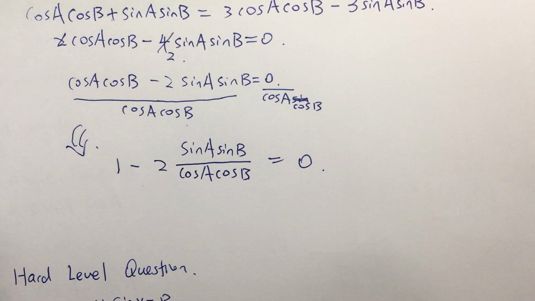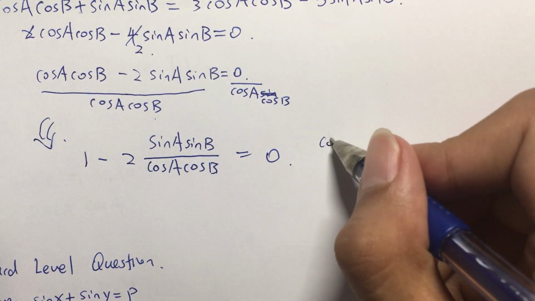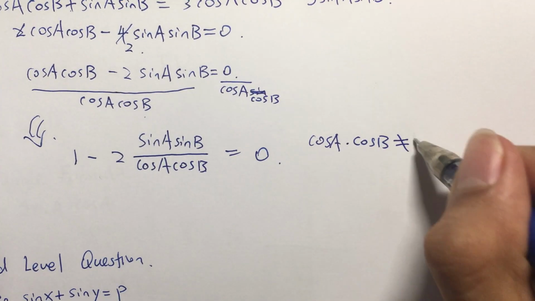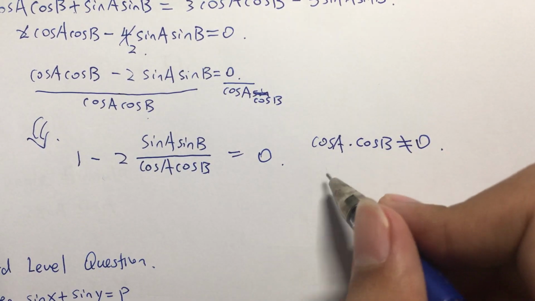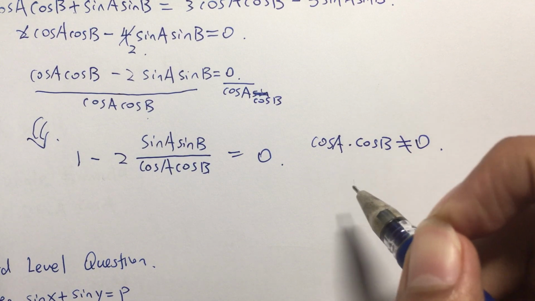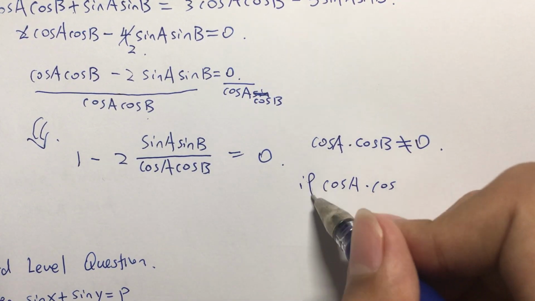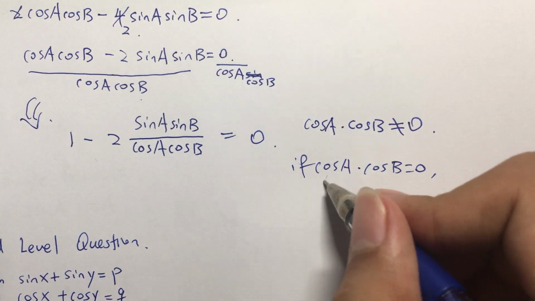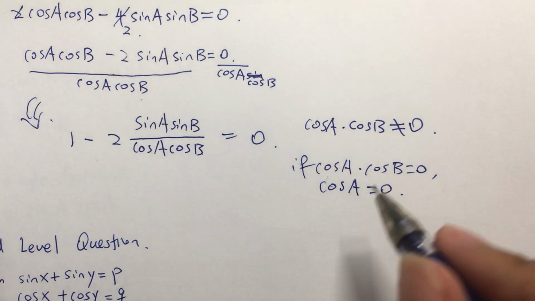Well, for this to be true, we need that cosine a times cosine b is not equal to 0. And if cosine a times cosine b is equal to 0, then one of them, cosine a, must be equal to 0.